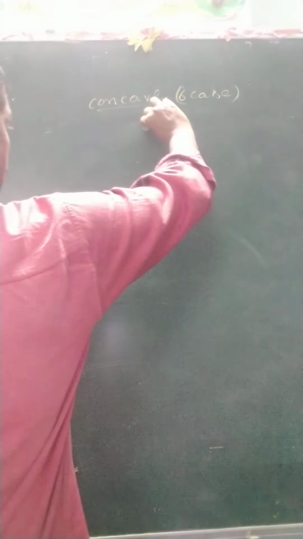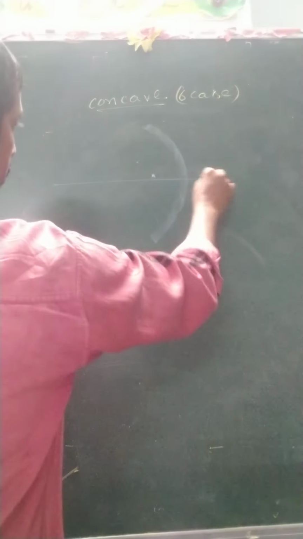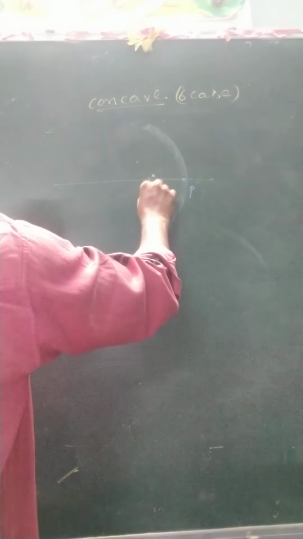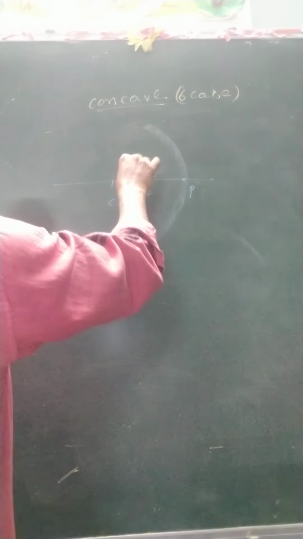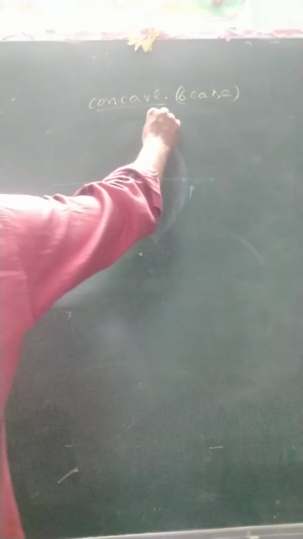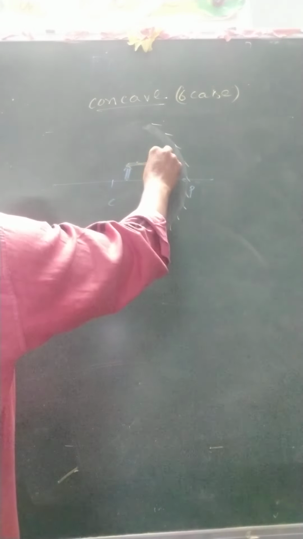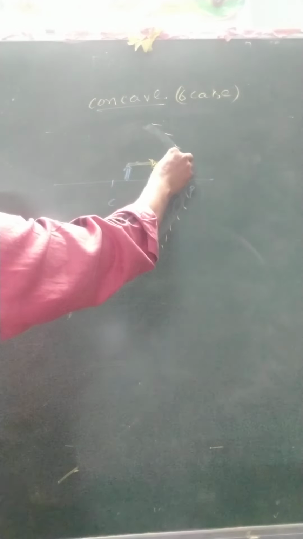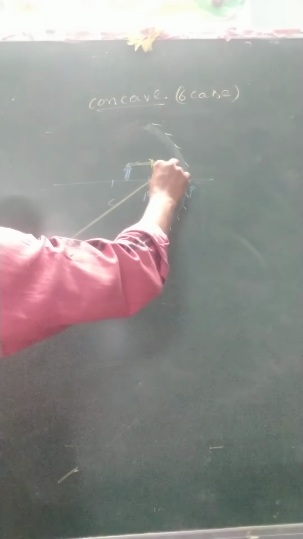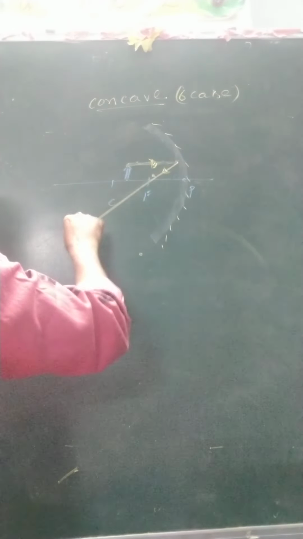Next, object placed between F and C, like this one. This is the object we can place. This is a concave mirror. Now here a ray is moving parallel to the principal axis. After reflection it passes through the focus.